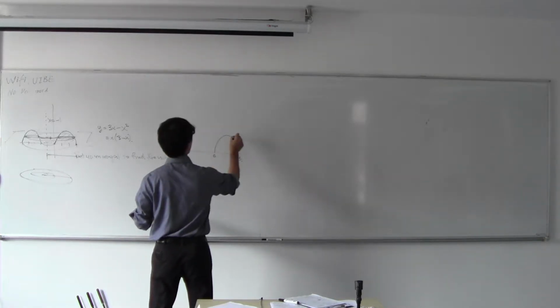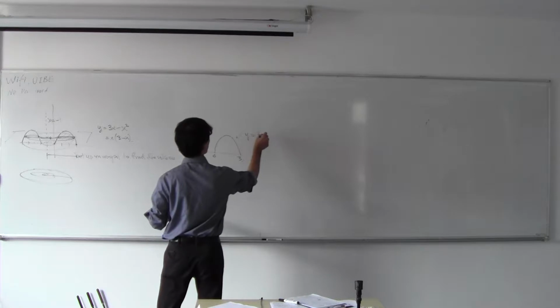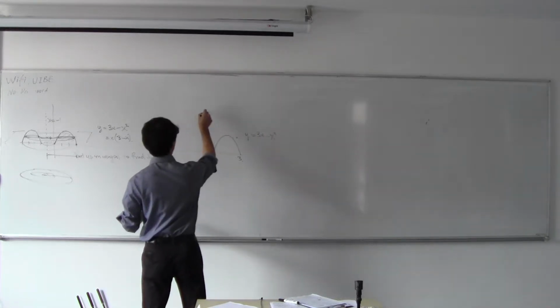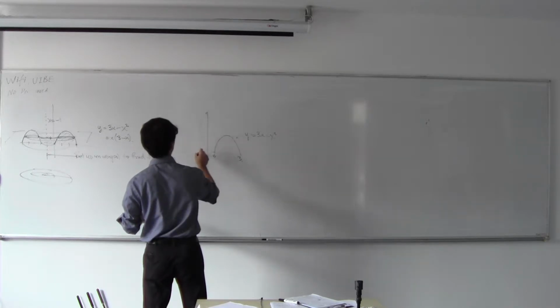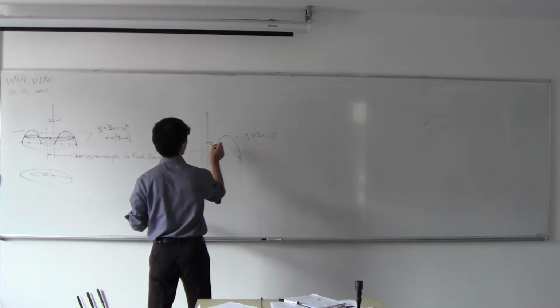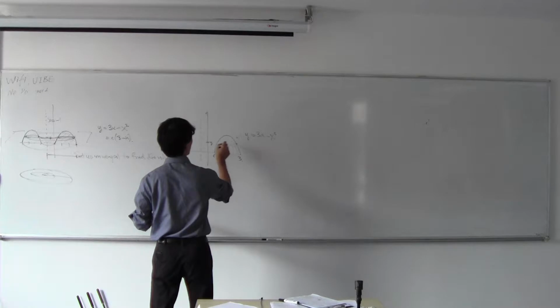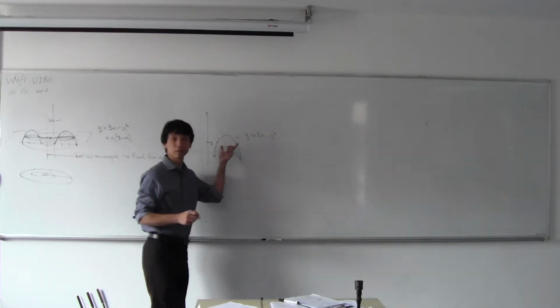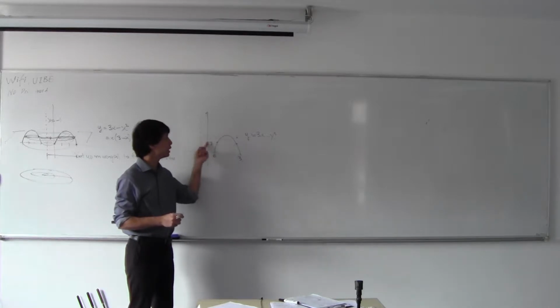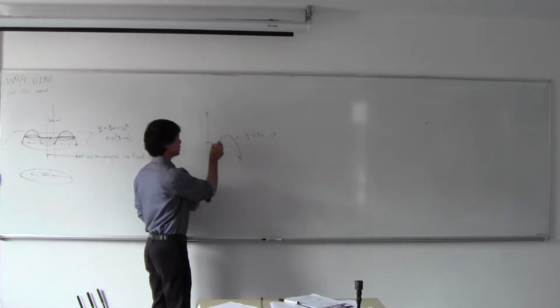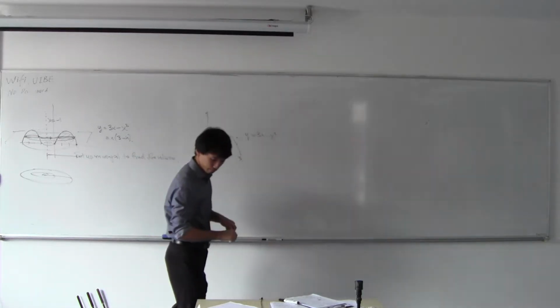This guy is y equals 3x minus x squared. We cut the object at height y, so what are these points? If this height is y, what is this point and what is this point?